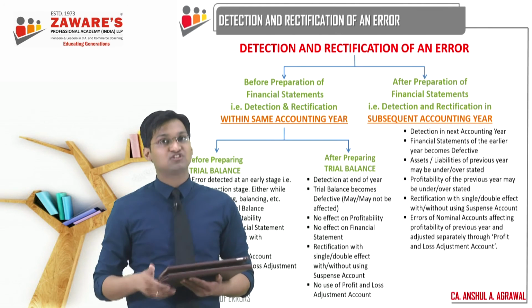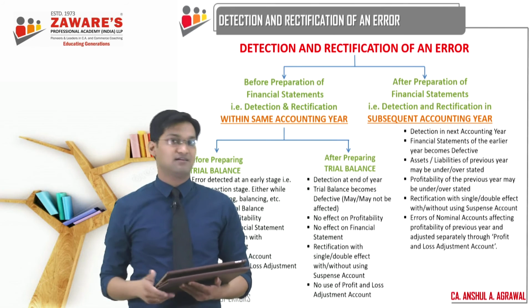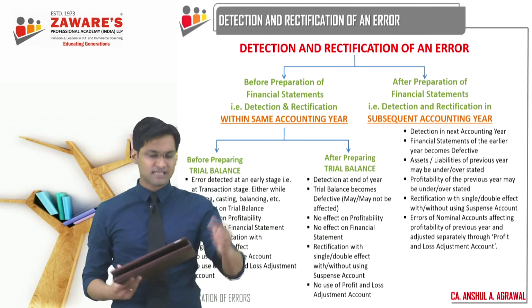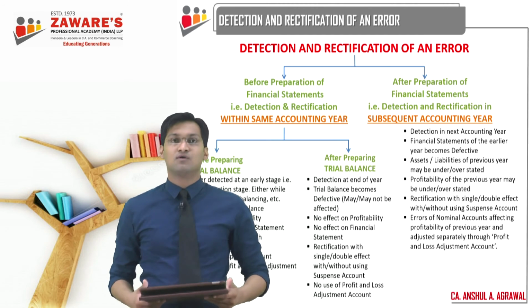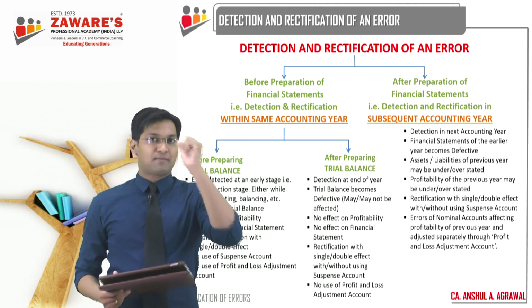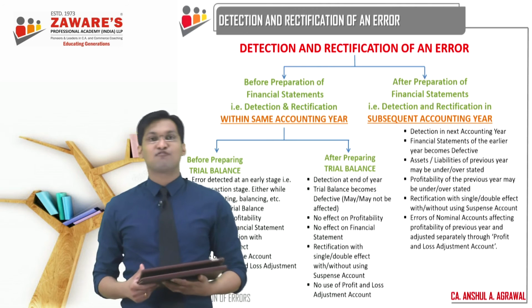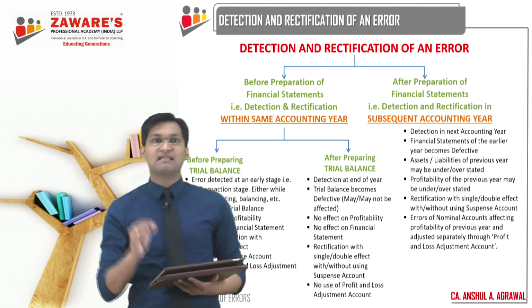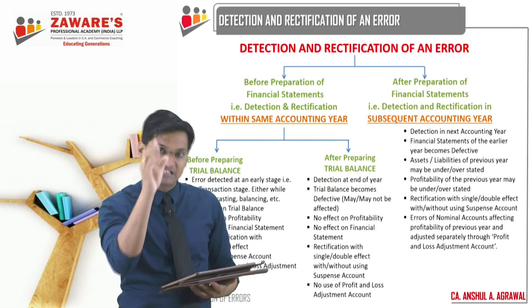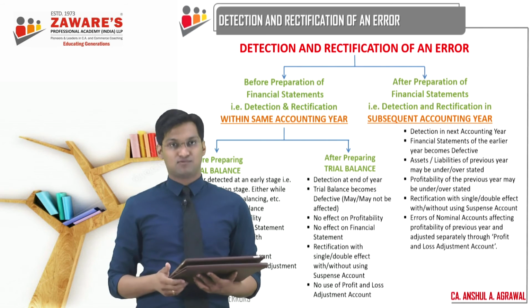I cannot change profit of the earlier year. Let's take an example. We'll discuss a lot of examples, but let's take an example as of now. After I've prepared my financial statements for the earlier financial year, I got to know that I forgot to record an expense of XYZ amount.